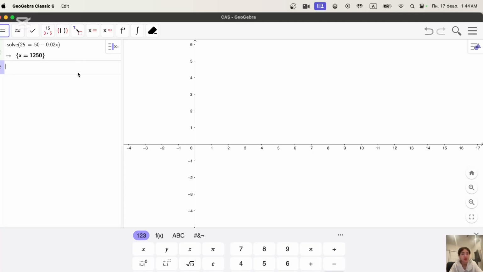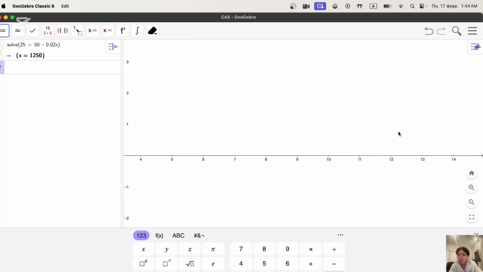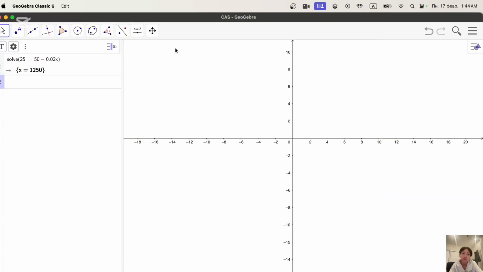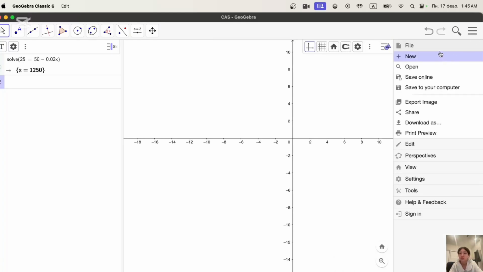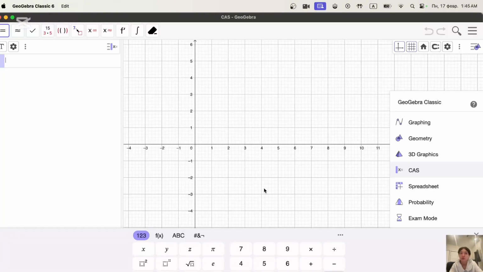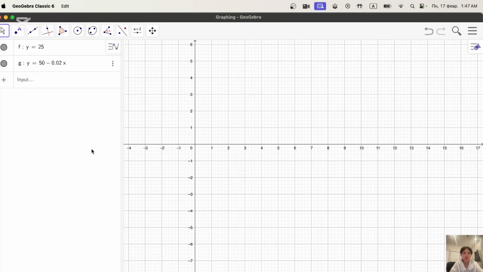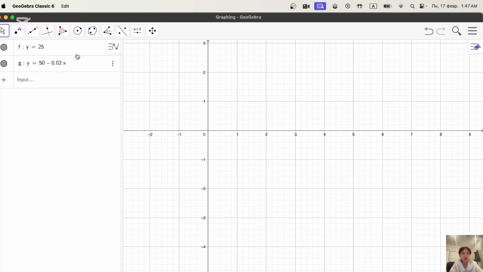Let's input both functions in the graphics view. So here it is.